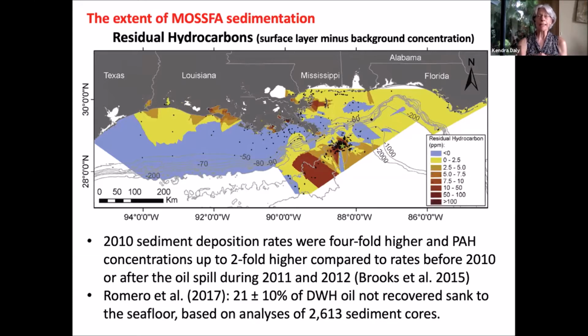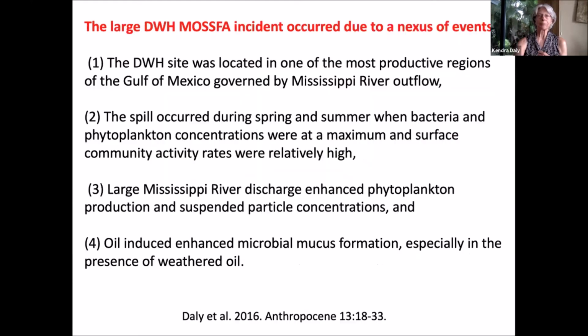During the oil spill, there were 4 times as high sedimentation rates in 2010 compared to earlier or even later years. So it was a significant event. And you can see how widespread the region was where they detected Deepwater Horizon oil. I'll come back to this when I talk about transport.